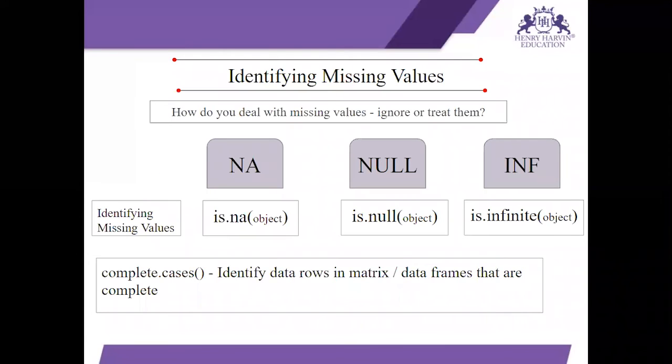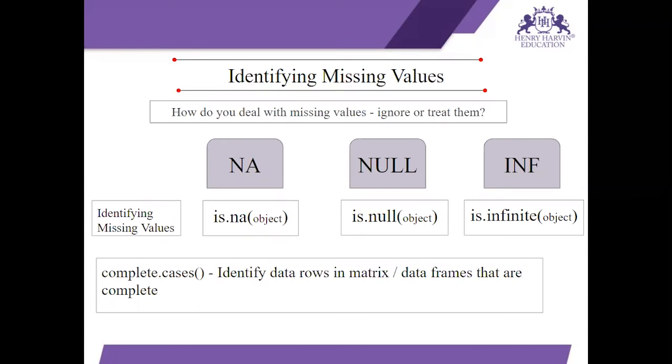Now, how to identify missing values? There are a lot of functions that can be used to identify missing values. When you have a data set, generally you will get missing values in R as NA. To count and identify those missing values, you can use is.na.